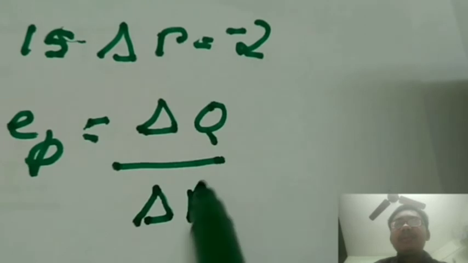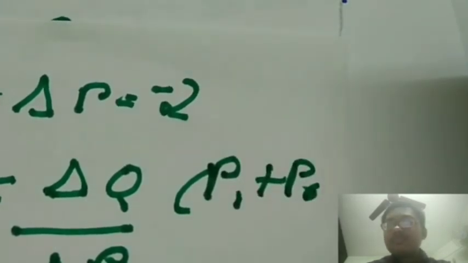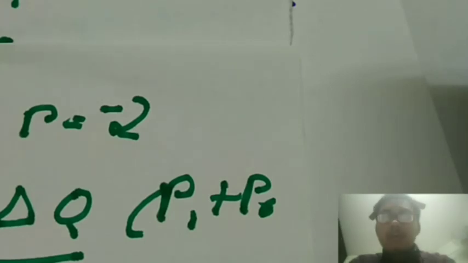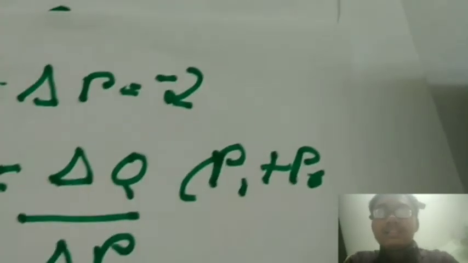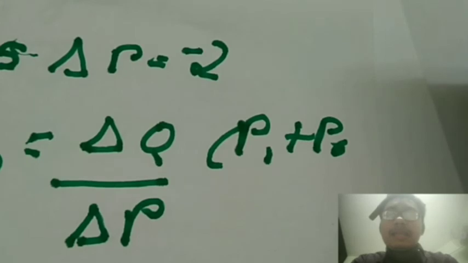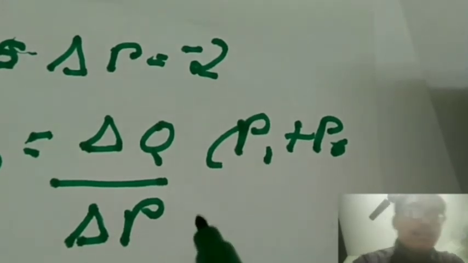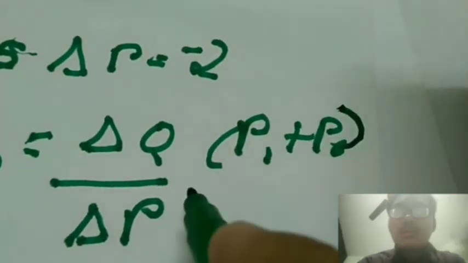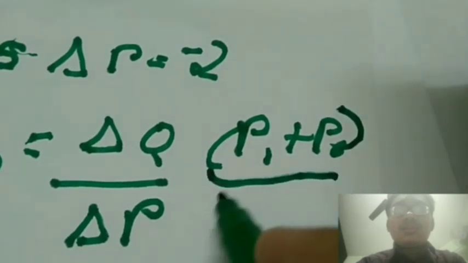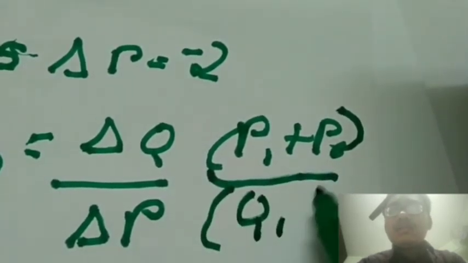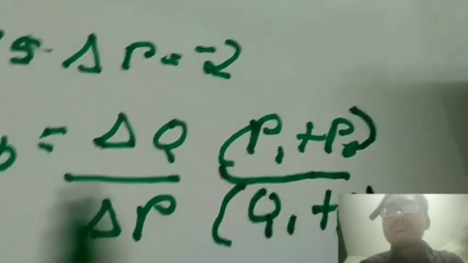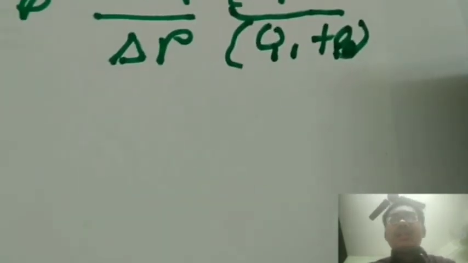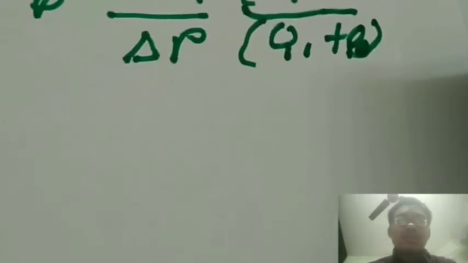The formula for arc elasticity of demand is delta Q by delta P into P1 plus P0 by Q1 plus Q0. This is just a refined measure of elasticity.